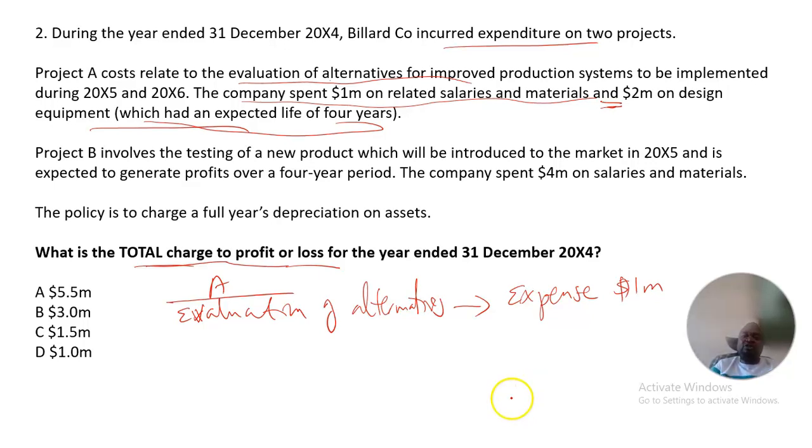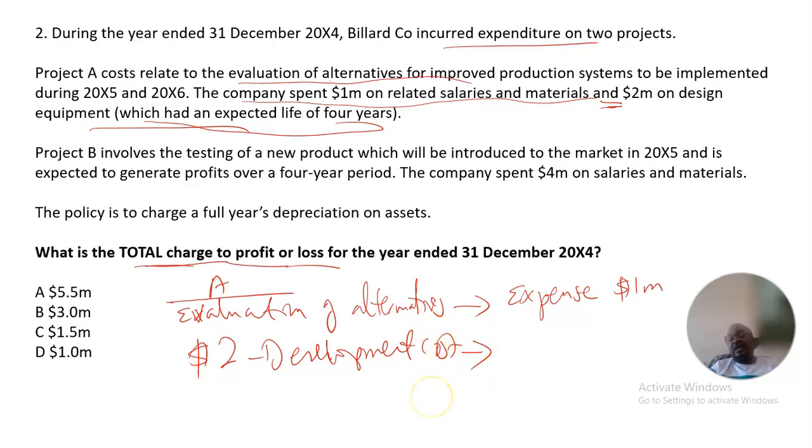All right, so the 2 million is development cost. However, being a development cost, there is a related charge, which is depreciation. Are we together? Because we can qualify, we can capitalize it, okay?